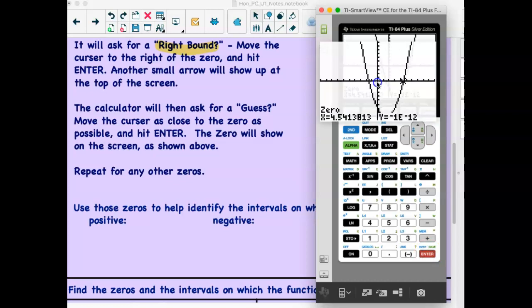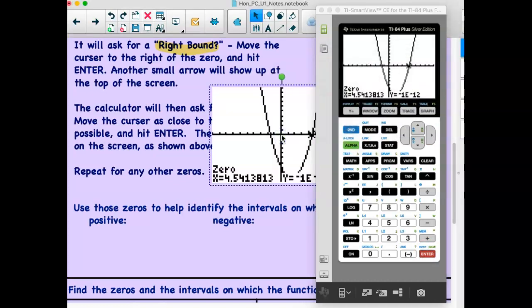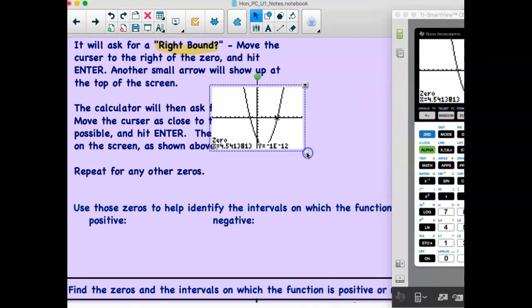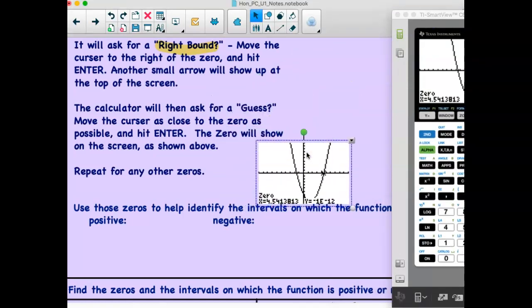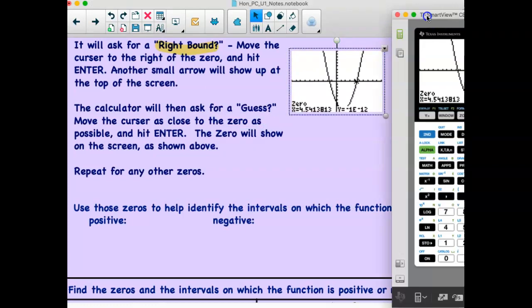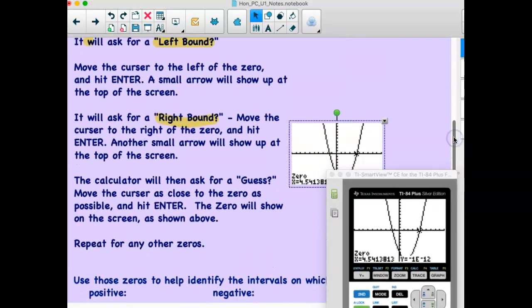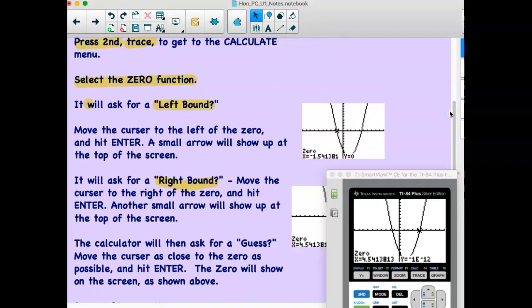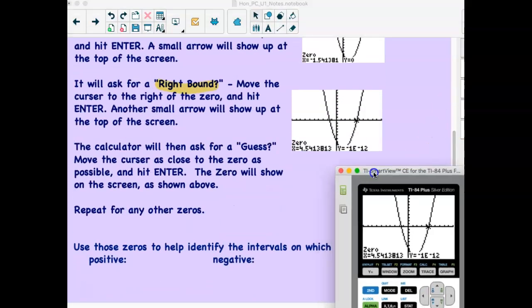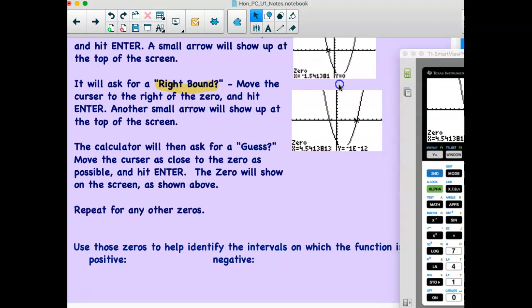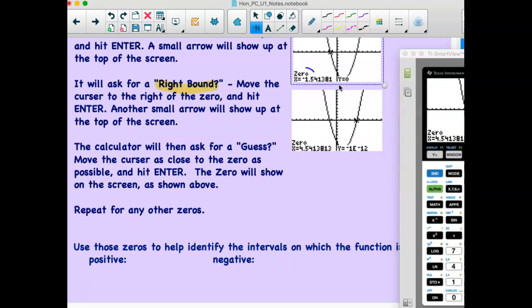Now, this one's a little weird. Your calculator may or may not do this, depending on the problem. But the way your calculator is programmed, sometimes it will not give you 0 for y, but it's just a different version. So, there we go. Let me look at both of those. Okay, so if you have this, it's okay, it still works. So this is the x value, y is 0, this is the x value.